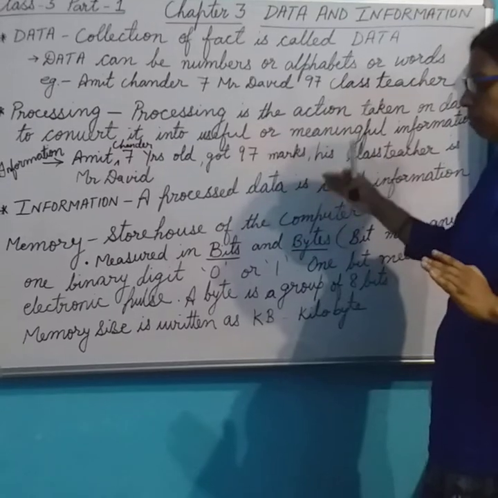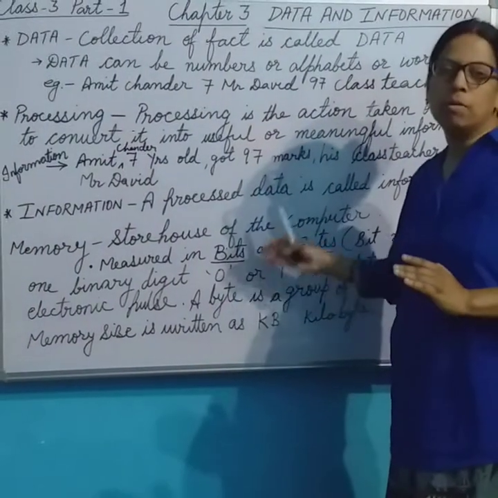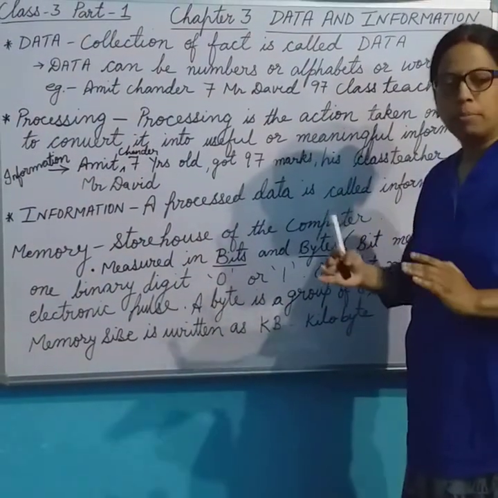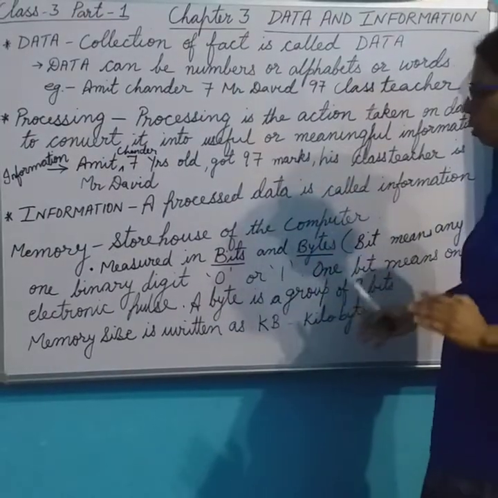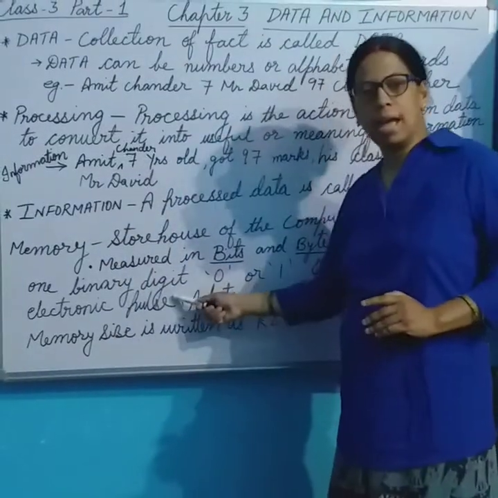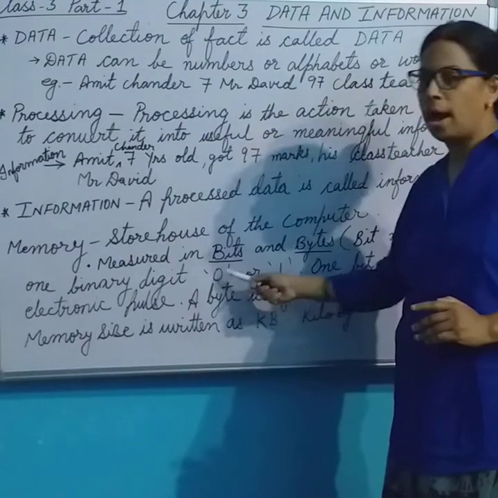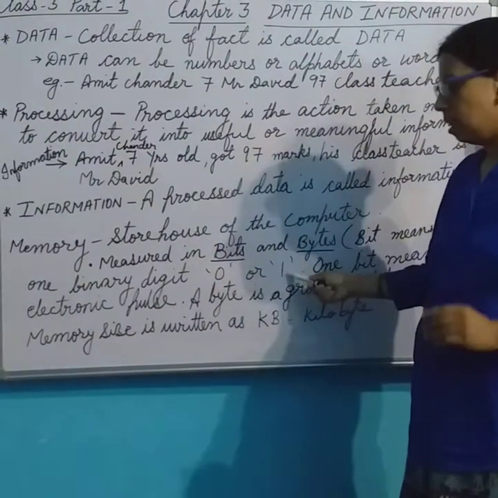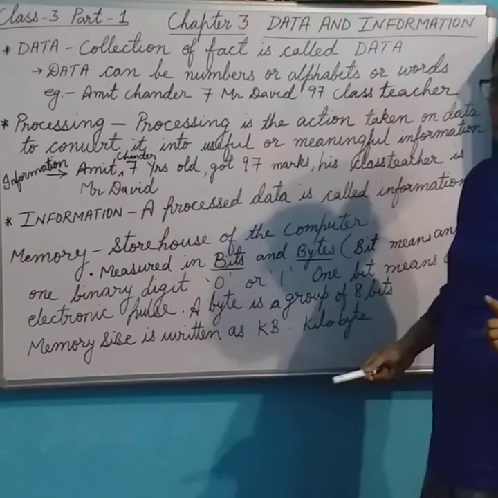Because whatever memory computers, laptops or mobiles hold is measured only in binary digits, and that contains only 0 and 1. These are the pulses. So 1 bit means one electronic pulse.